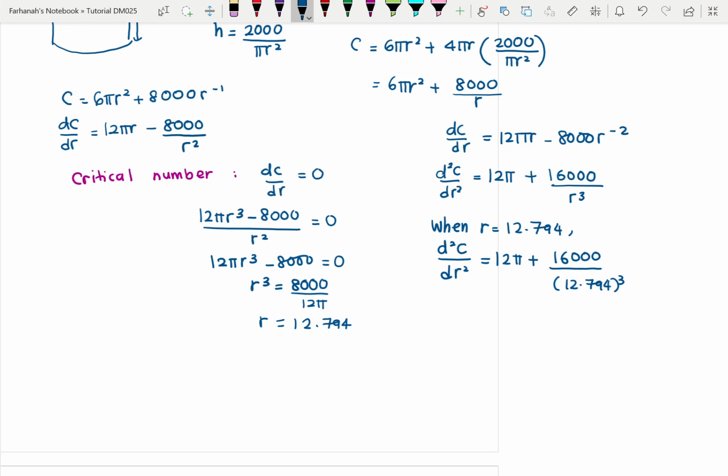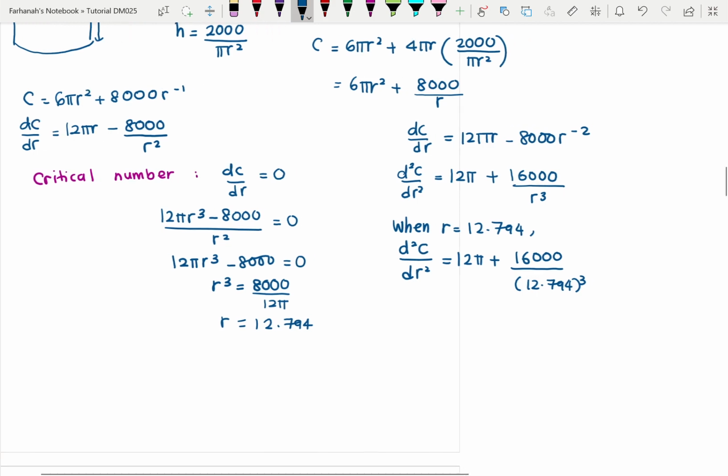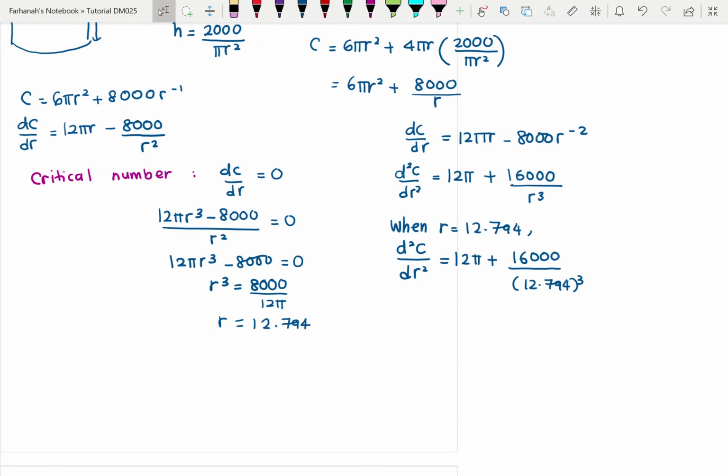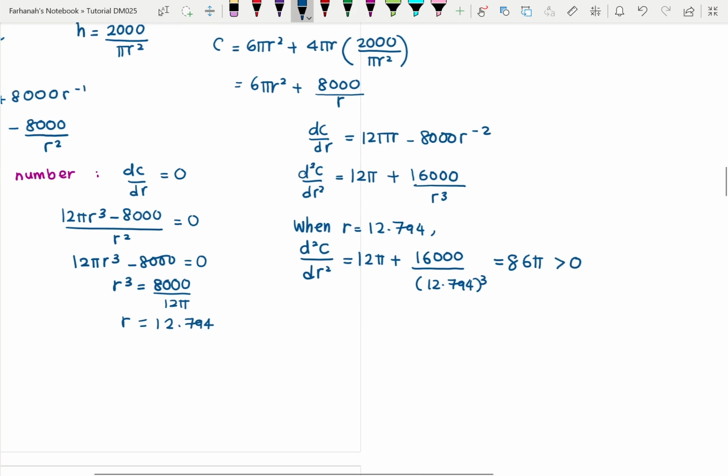Okay, kira sekejap berapa nilai dia. Awak akan dapat is actually 86 pi. Which is kalau awak tekan calculator, 86 pi is actually greater than 0. What does it mean? Okay, it means it is given for the minimum value.